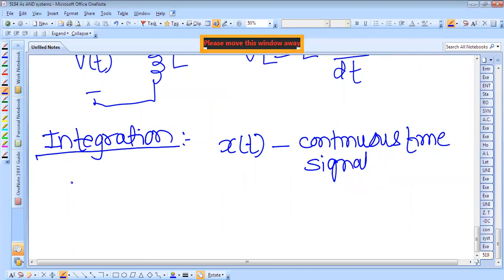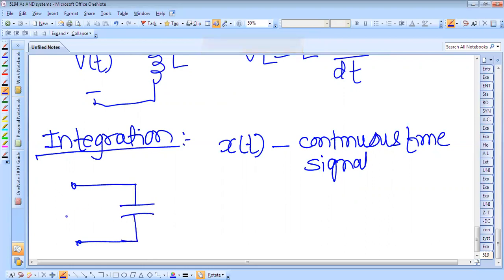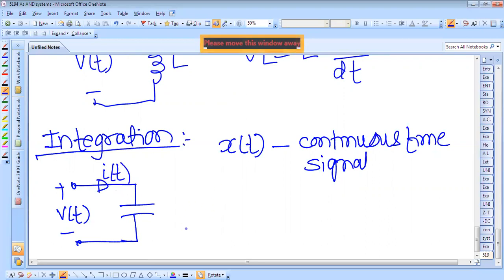And suppose this is a capacitor, we have applied here again voltage V of t. The current is flowing through this. Now we have to write the output of this.